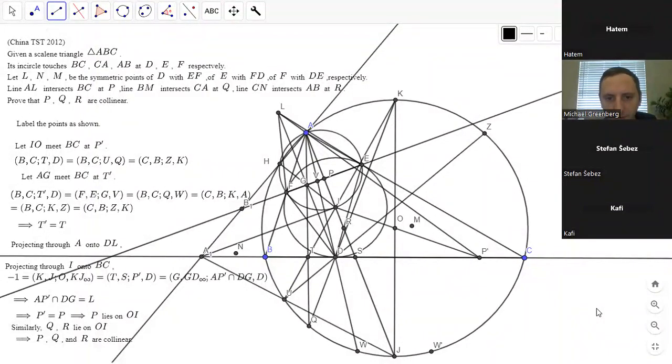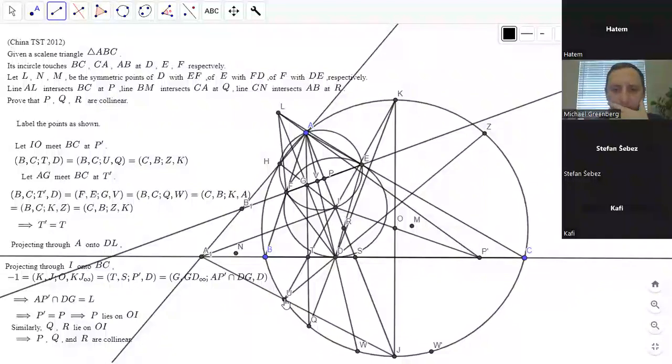Okay, so if we define it that way, the idea is, once we knew that, we could project through U. Okay, if we know the collinearity, then we are done because we have a right angle and angle bisector. Okay. So we have to prove the collinearity.